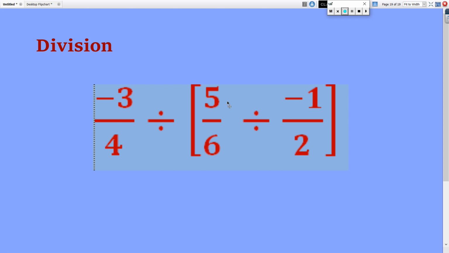Negative 3 by 4 divided by 5 by 6 divided by negative 1 by 2. You have to divide 5 by 6 by negative 1 by 2 first. How to divide it? You just multiply its reciprocal of the second. Do it.